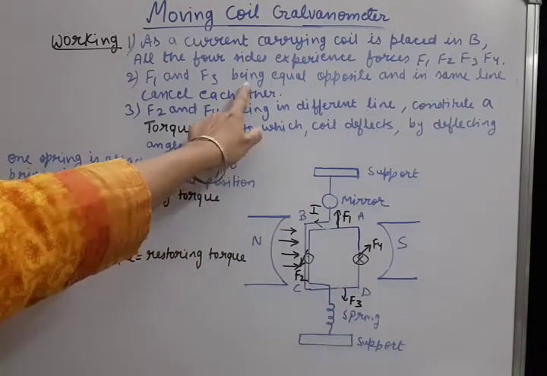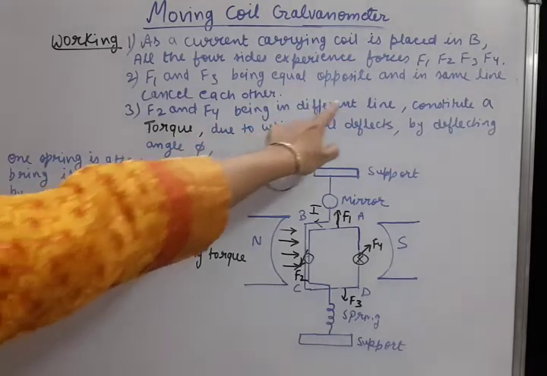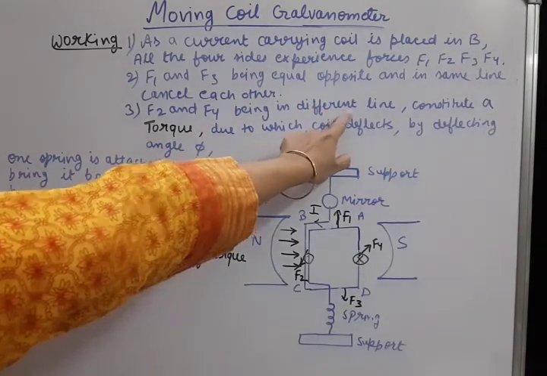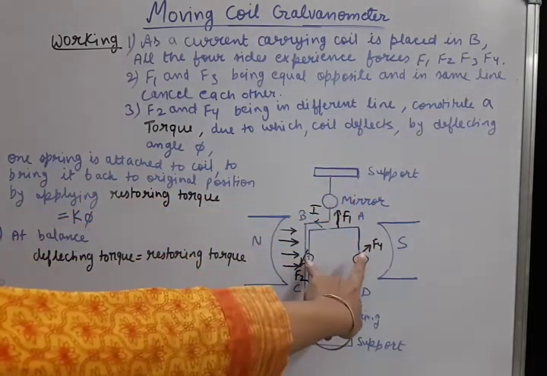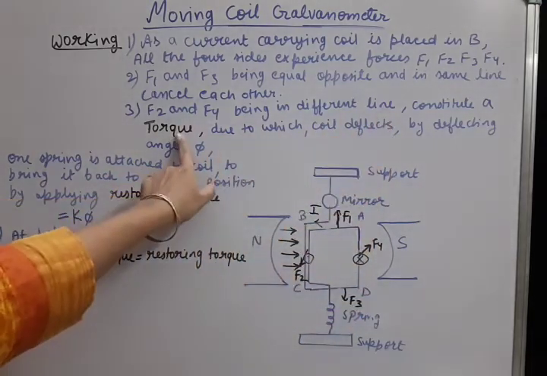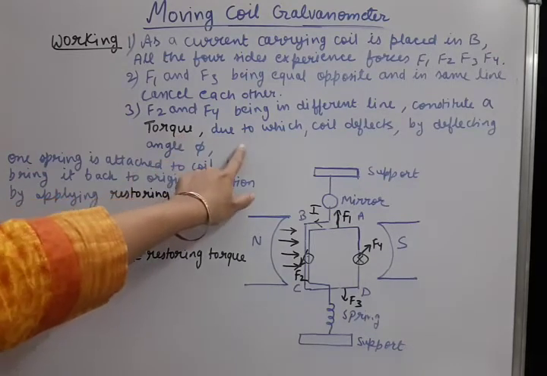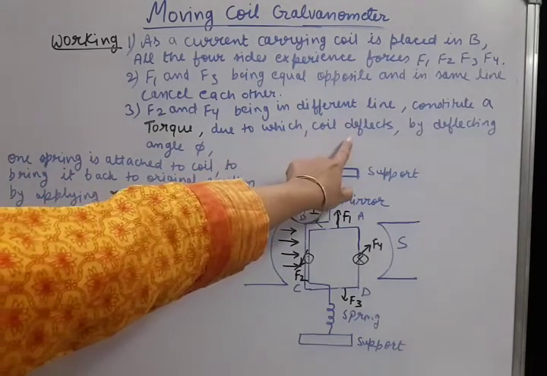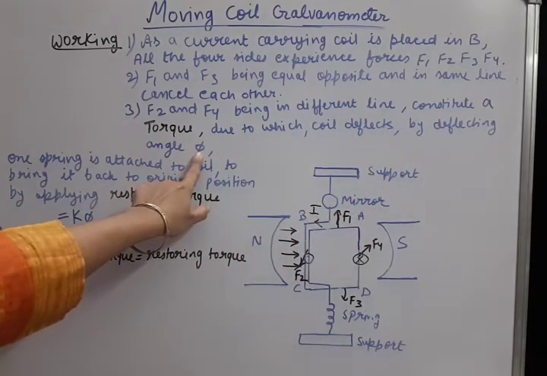So this is that line. And F2 and F4 are equal and opposite but in different lines. So that's why these two forces constitute a torque. So the resultant is the torque, due to which the coil deflects by some angle. So we can call it the deflecting angle phi.